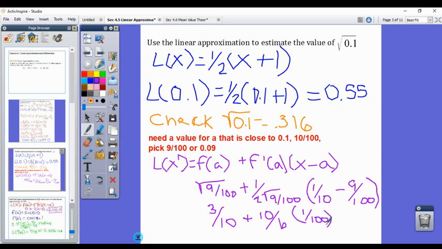And if you do all of that, you should get about 19/60, which if you look at the decimal of that, is approximately 0.3162. Okay.